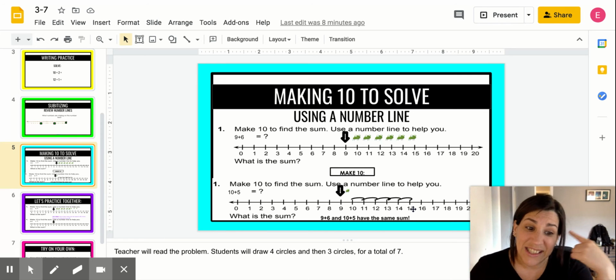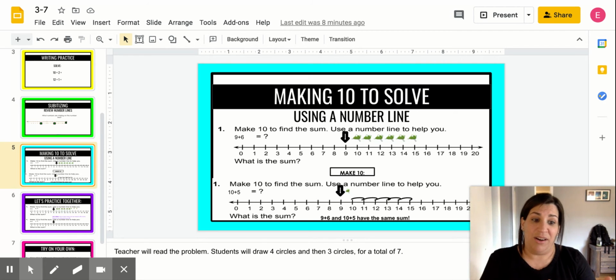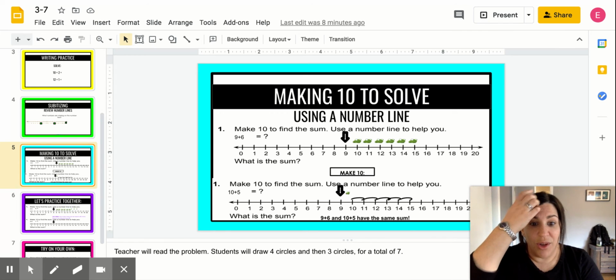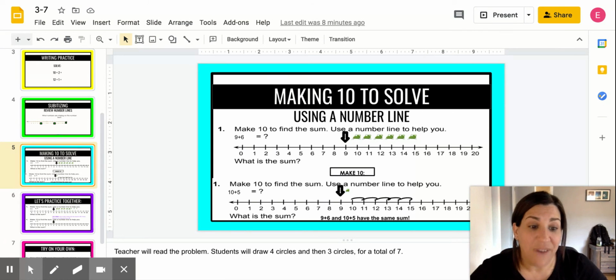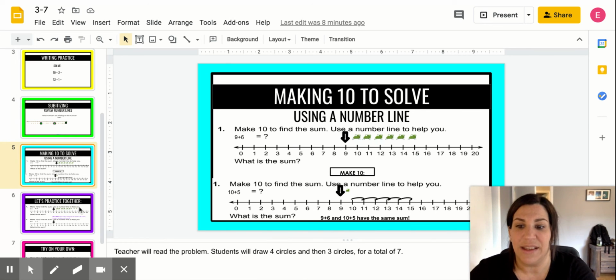And it's easier sometimes for our brains to think of 10 plus a number instead of 7, 8, or 9 plus a number. Okay? So what is 10 plus 5? If you said 15, you are right. And look, we landed at the 15 when we did 10 plus 5, and we landed at the 15 when we did 9 plus 6. It depends on which is easier for your brain to think of.